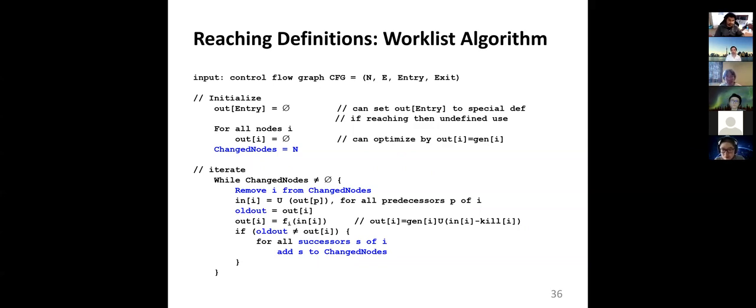So it's not always, but in most cases, if there's only one input, then the output is just the input. Your input is a merge of the outputs of all the predecessors. That's exactly what it says here. You do a union of all the predecessors for this basic block.